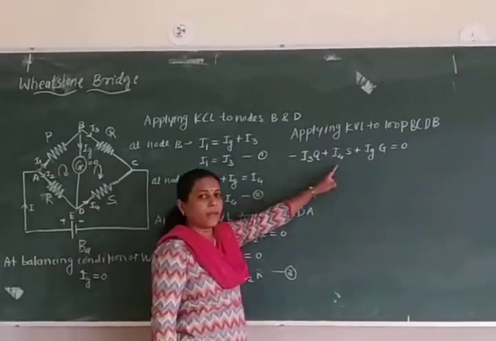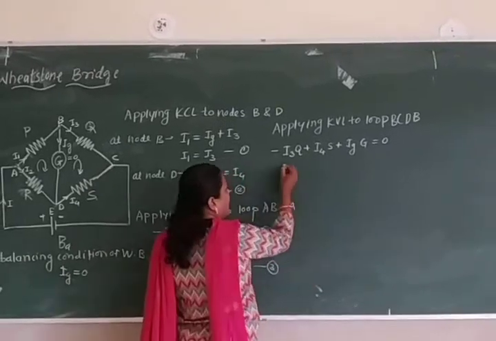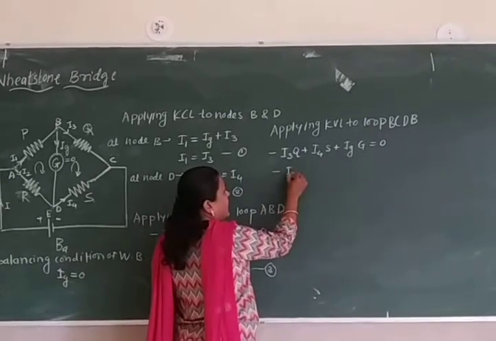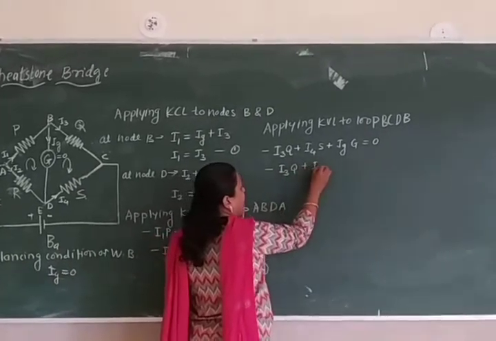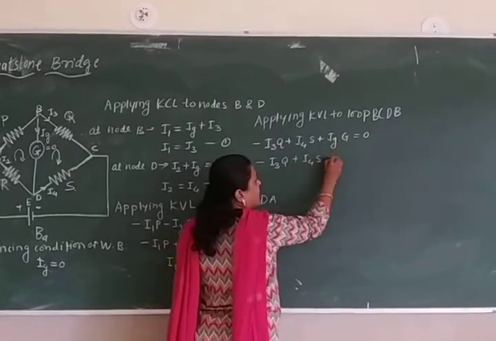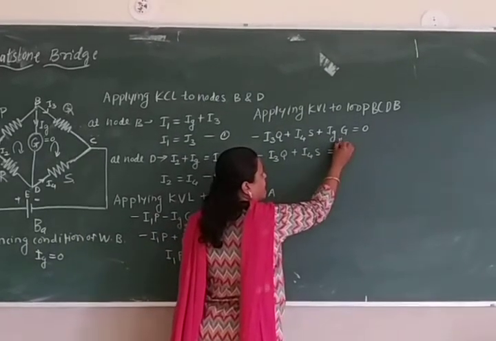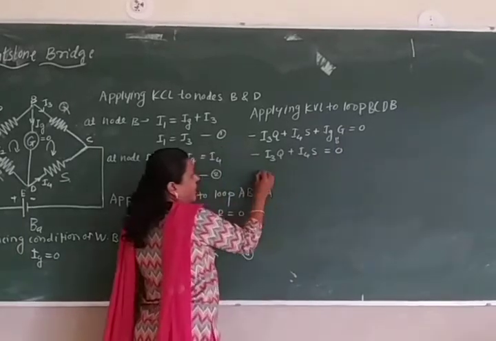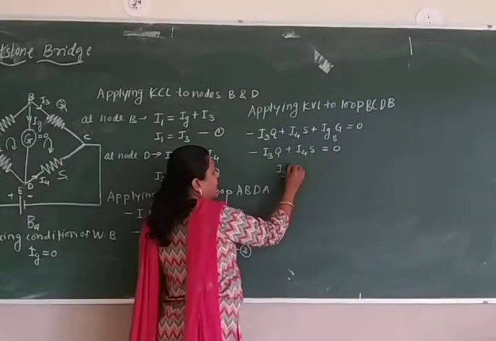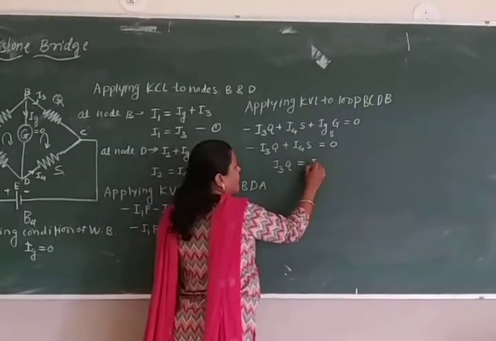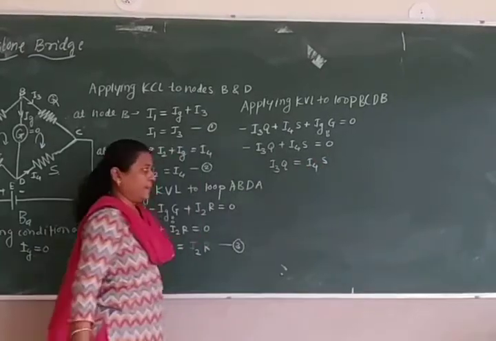Therefore, we have taken this product as positive. Now we can write I3Q plus I4S, Ig is equal to 0, therefore this term will be 0. We can simplify this as I3Q is equal to I4S.